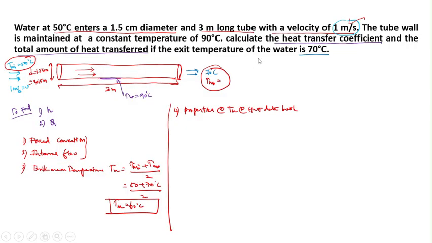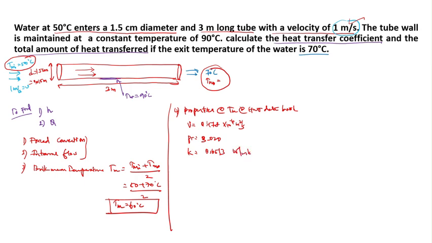The kinematic viscosity is 0.478 into 10 to the power of minus 6 meter square per second. The Prandtl number is 3.020, and the thermal conductivity is 0.6513 watt per meter Kelvin.